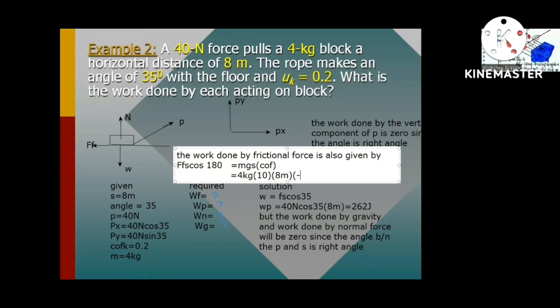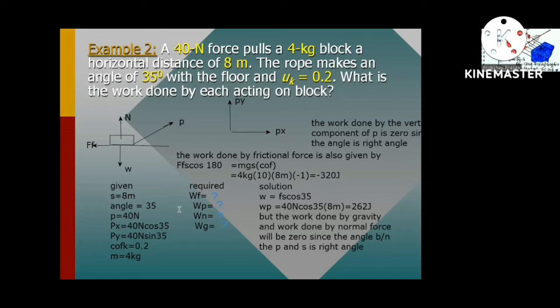Therefore, the value is minus 300 joules. So we can determine the frictional force work. Work done can be only by the horizontal components; the vertical component will be 0.